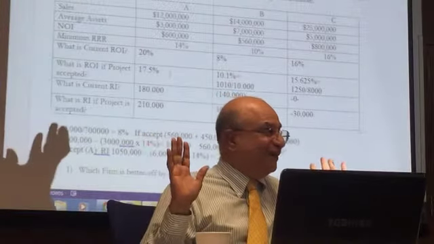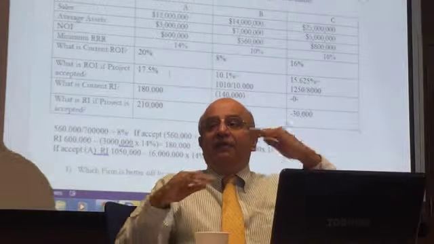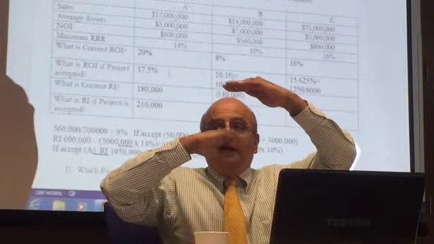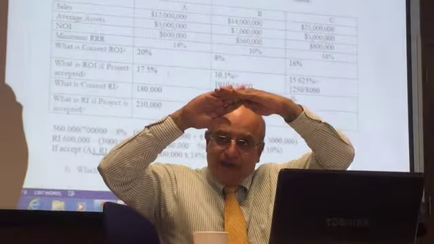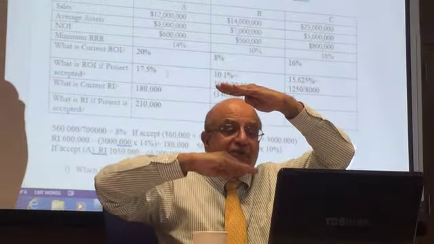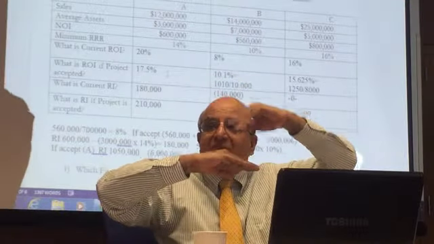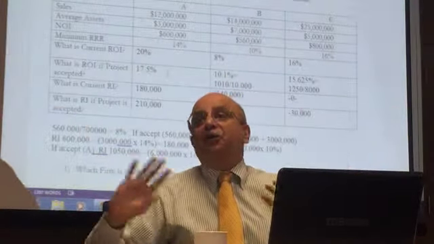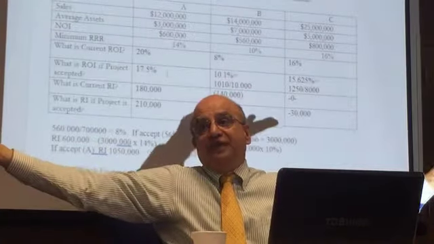I just want to pause here and make sure that makes sense. If the project lies between their current ROI, which in this case is 20%, and their required rate of return, which is 14%, so it falls in the area between A and B, they are always going to say no, because they're using the overall ROI method. If it is above their current ROI, they're always going to say yes.